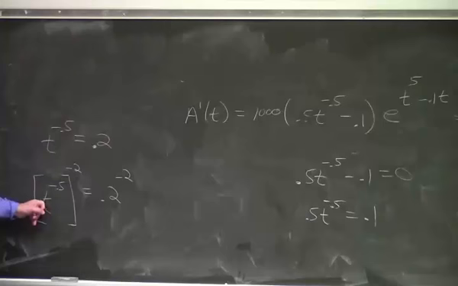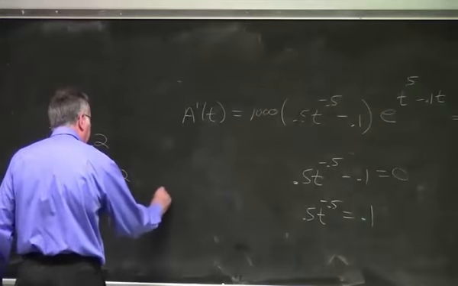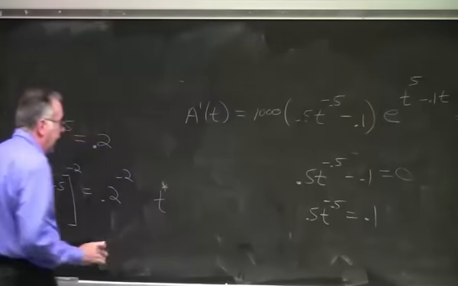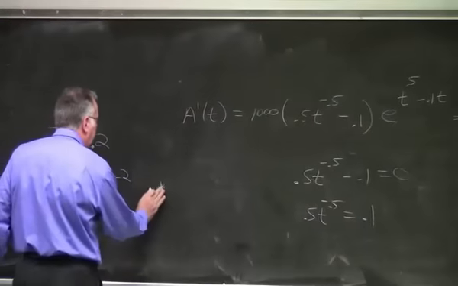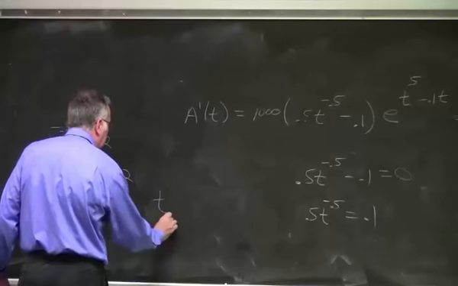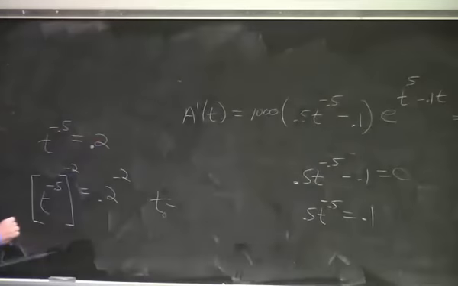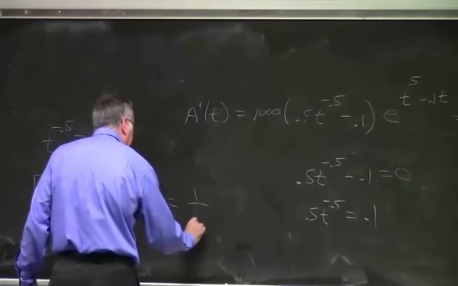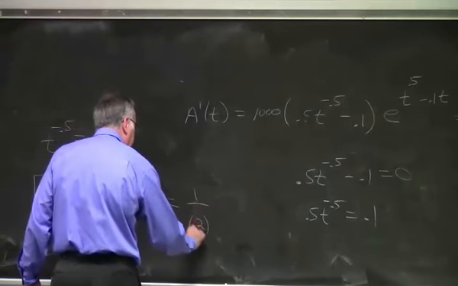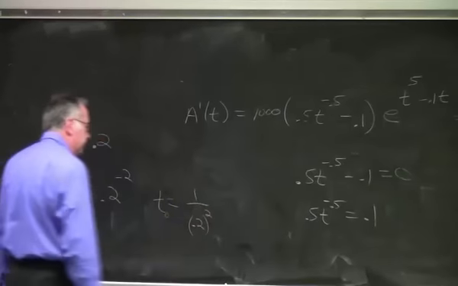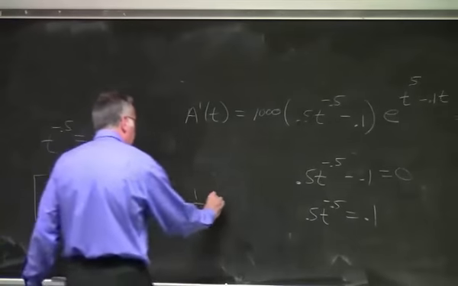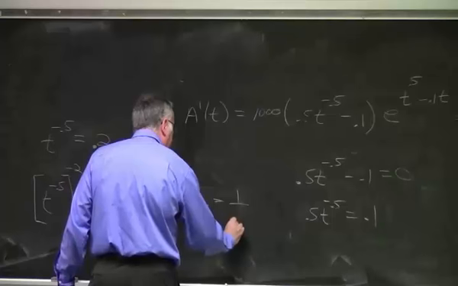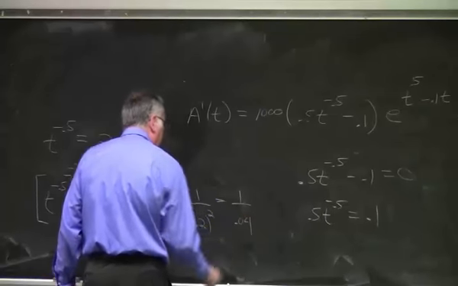So our t star value, or actually we should call it t sub 0, our critical value of t that satisfies the first order condition, is just 1 divided by 0.2 squared, or 1 over 0.04, or 25.